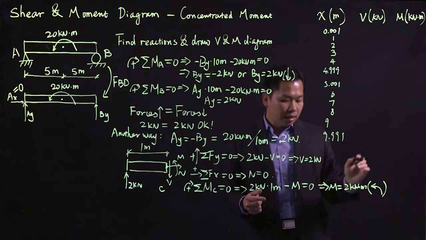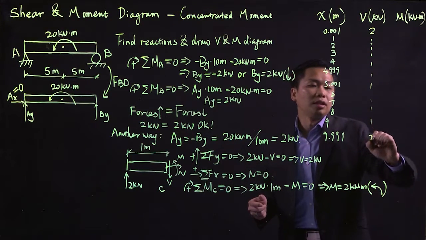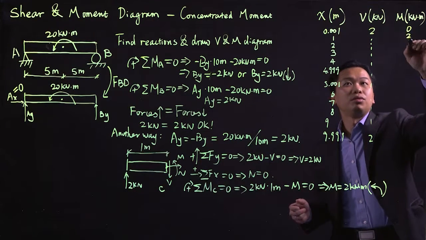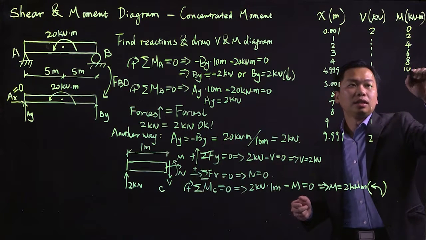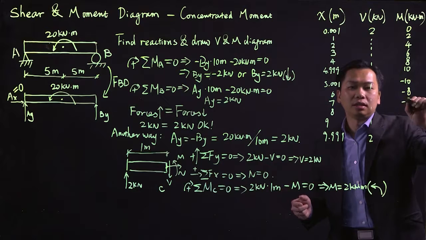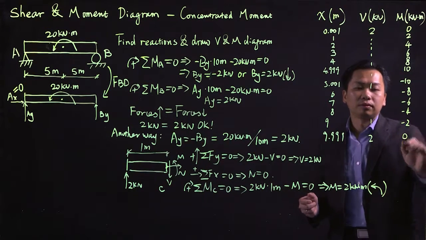The shear you're getting is 2 for all the cases. And the moment is 0, 2, 4, 6, 8, 10, negative 10, negative 8, 6, 4, 2, 0.